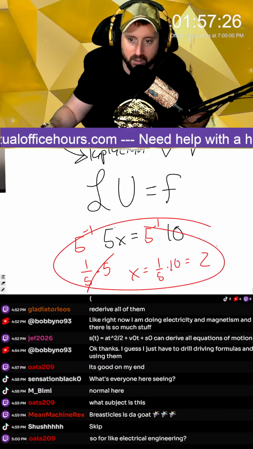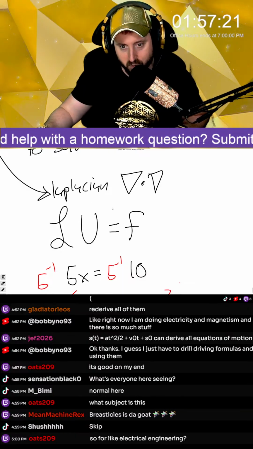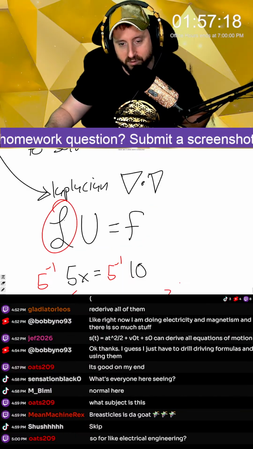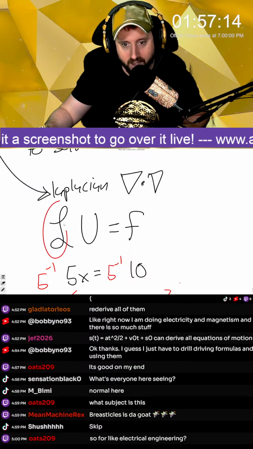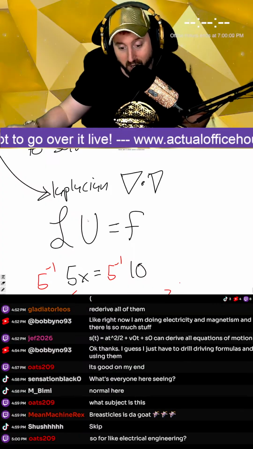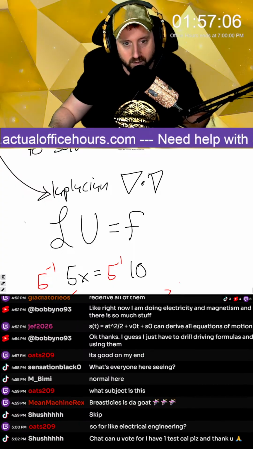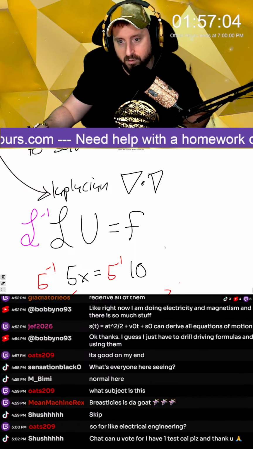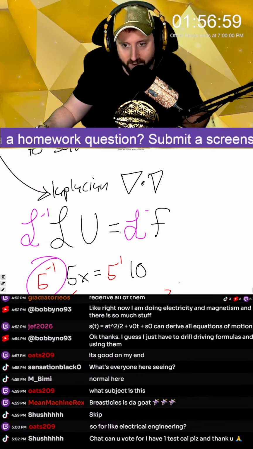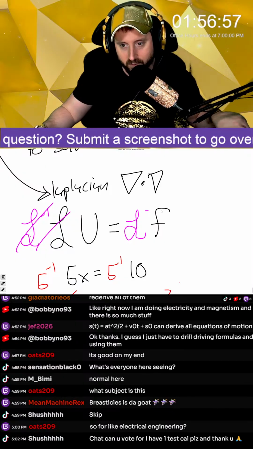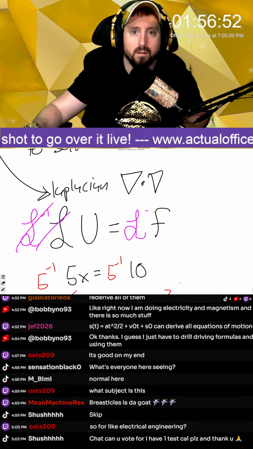This is basic algebra, but you can do this for even bigger structures like functions and distributions. L is an operator acting on U, the same way 5 acts on x by multiplying. L acts on U by doing something more complicated than multiplying, and has some answer f. If you can determine what L inverse is, which is similar to multiplying by 1/5, this cancels out, and then you can figure out what your original U was.